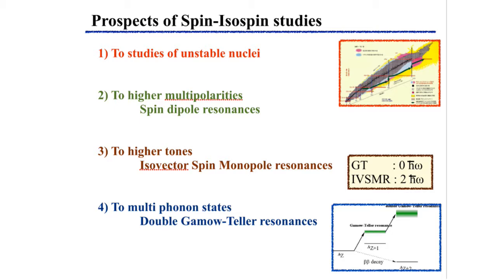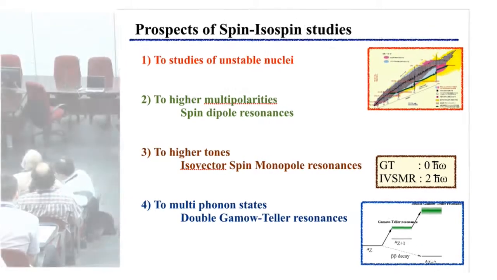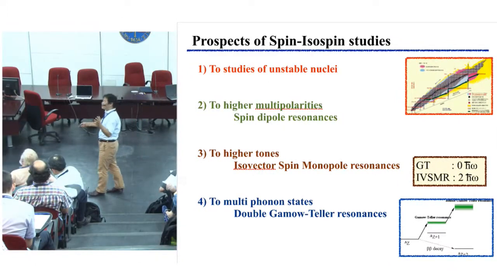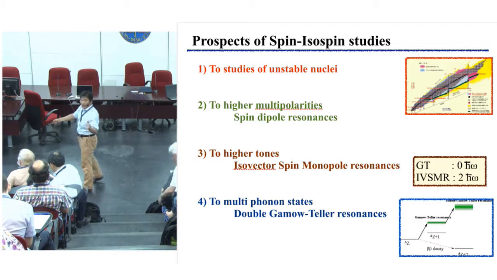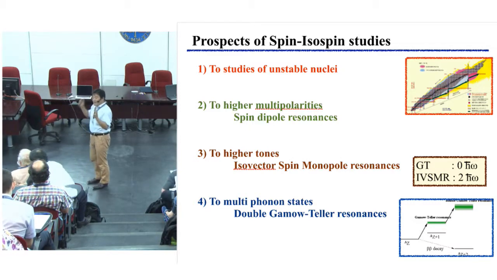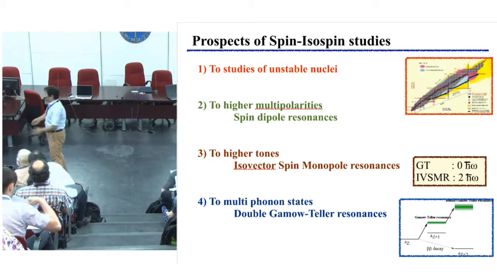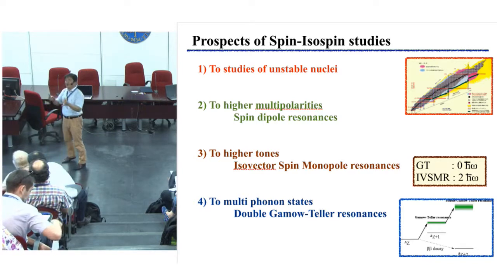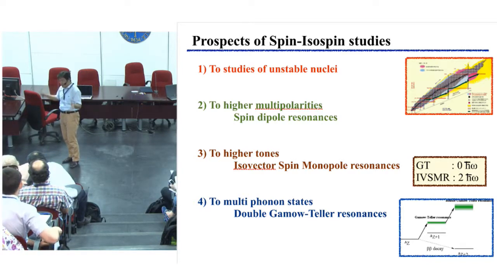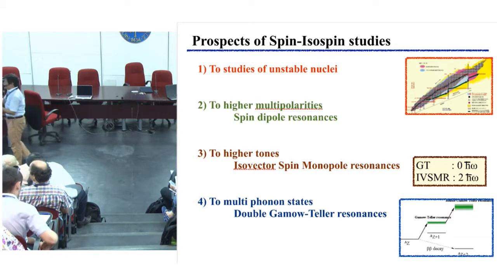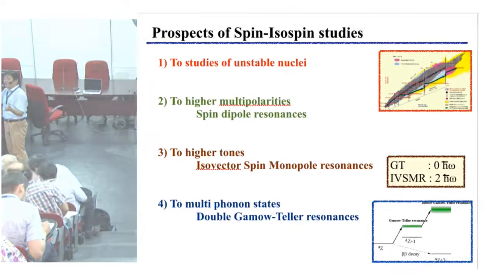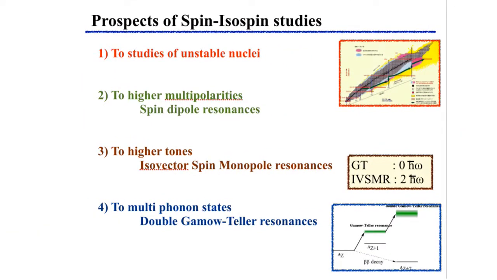Examples are spin dipole resonances and higher tones, isovector spin monopole resonances, and so on. But the data is really scarce for these resonances compared with the Gamow-Teller resonances. It is because of the probe, which makes it relatively difficult to study those states with light-ion-induced reactions.